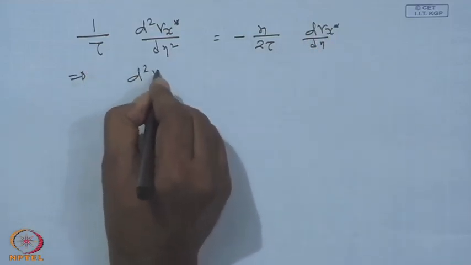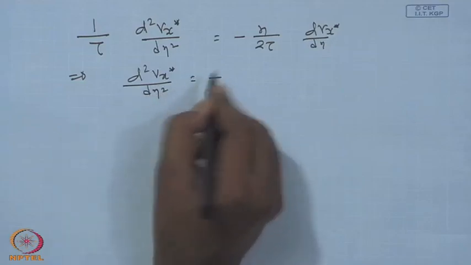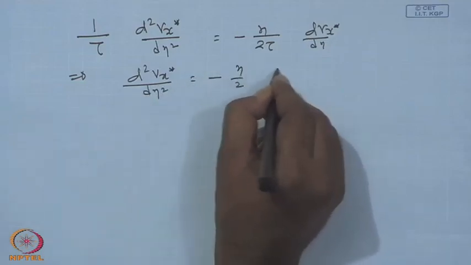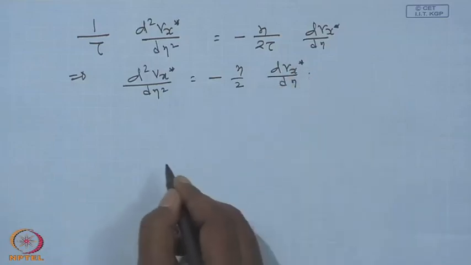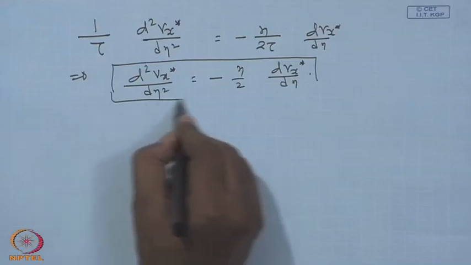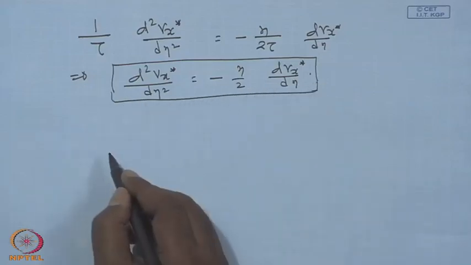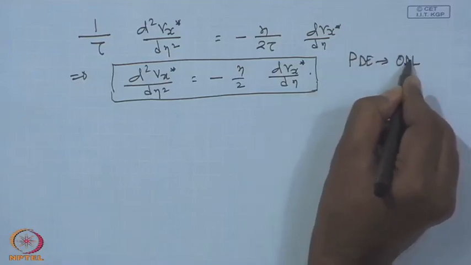So, you will be getting d square v x star d eta square is equal to minus eta by 2 d v x star d eta. Now, this is the form of the governing equation in terms of the similarity parameter eta, and you check please that the partial differential equation has now boiled down to an ordinary differential equation.